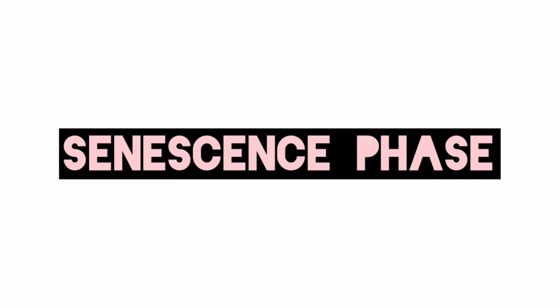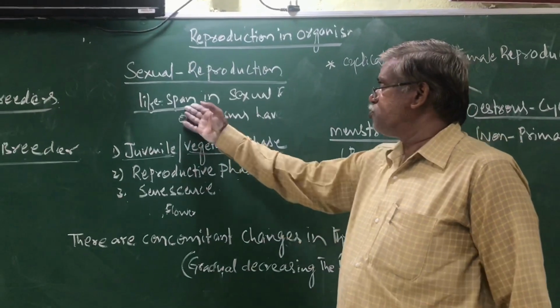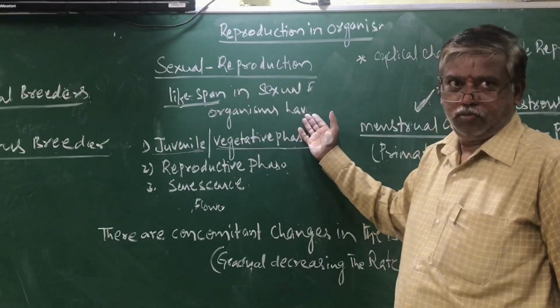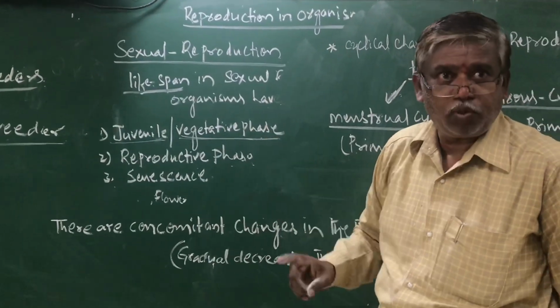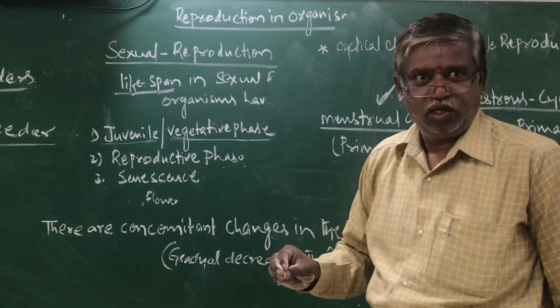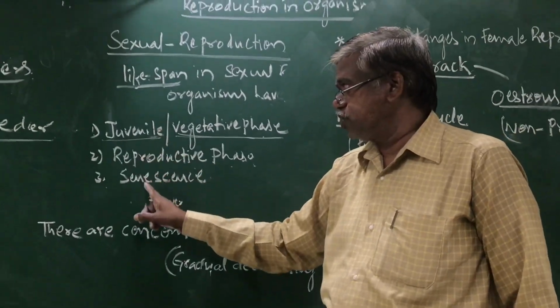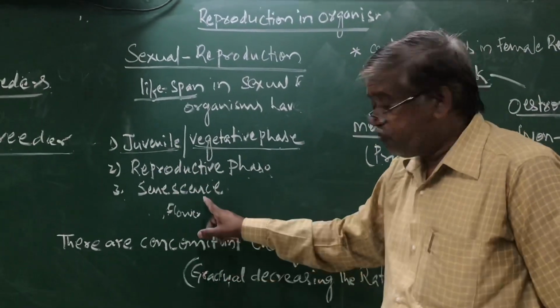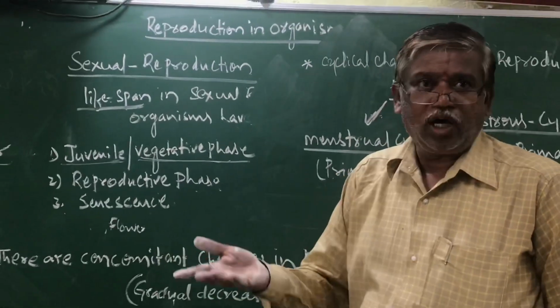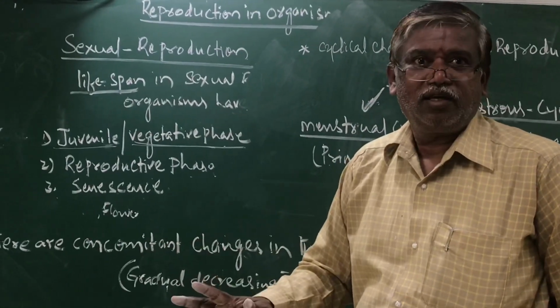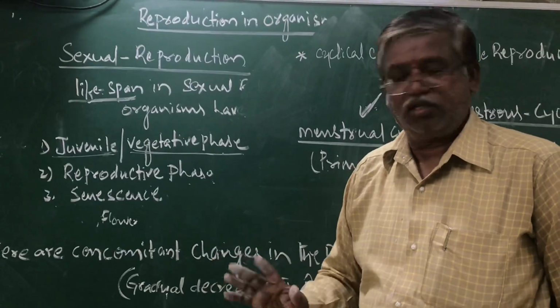Right. The last one is sexually reproducing organisms. The lifespan in sexually reproducing organisms has three phases: juvenile phase, reproductive phase, senescence phase. After the senescence phase, the organism faces death, that is natural death.